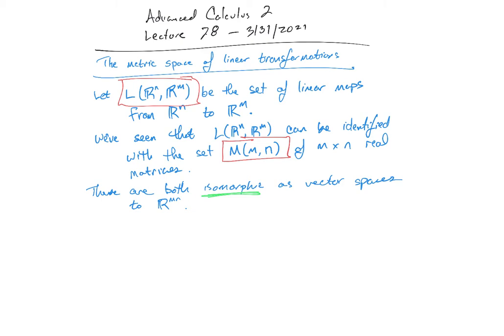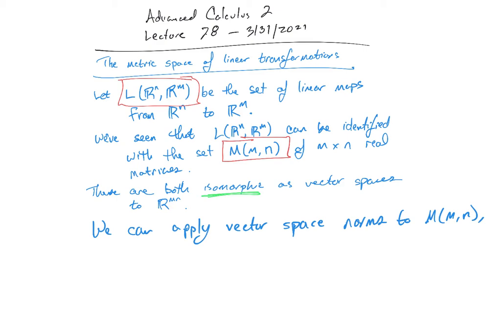Now, we have plenty of norms on vector spaces, so we can apply those norms to matrices. Okay, right? We can apply vector space norms to M(m,n).